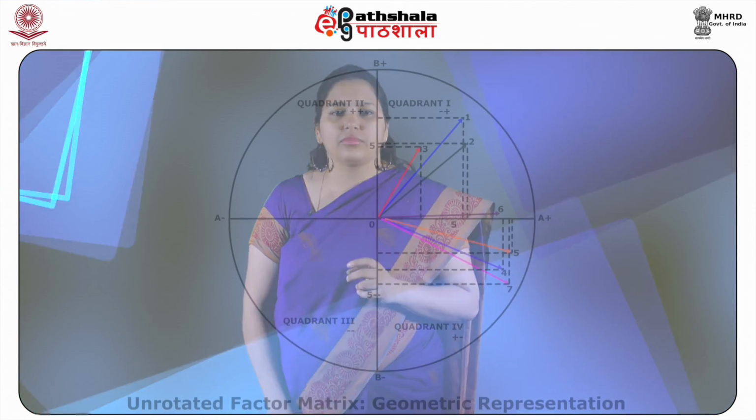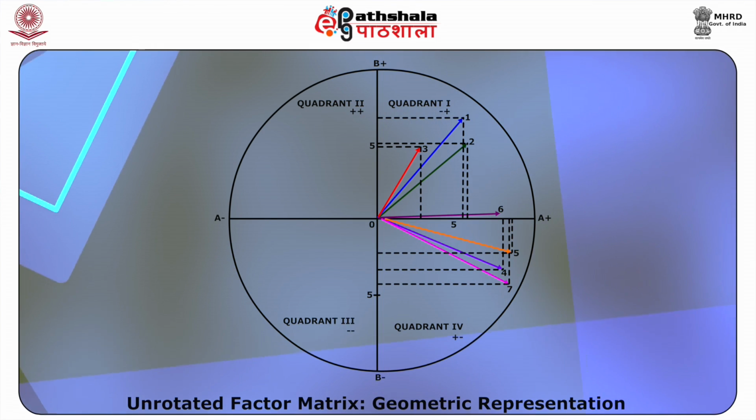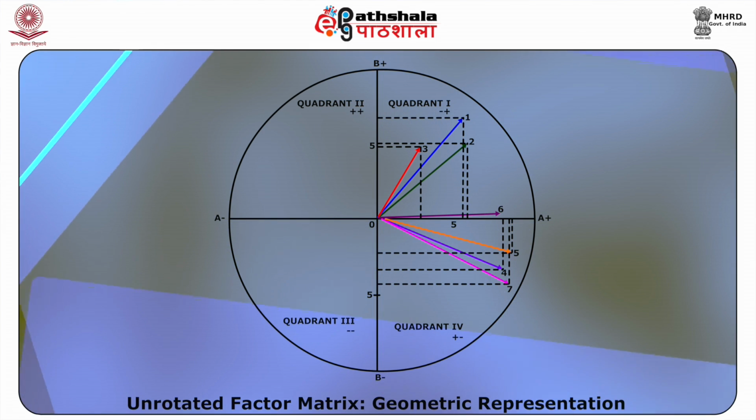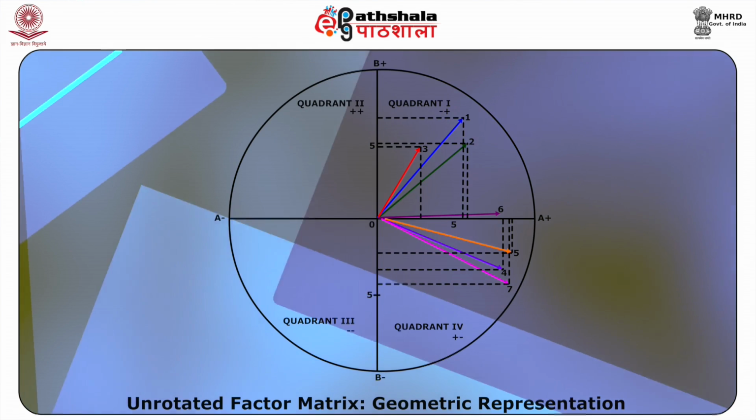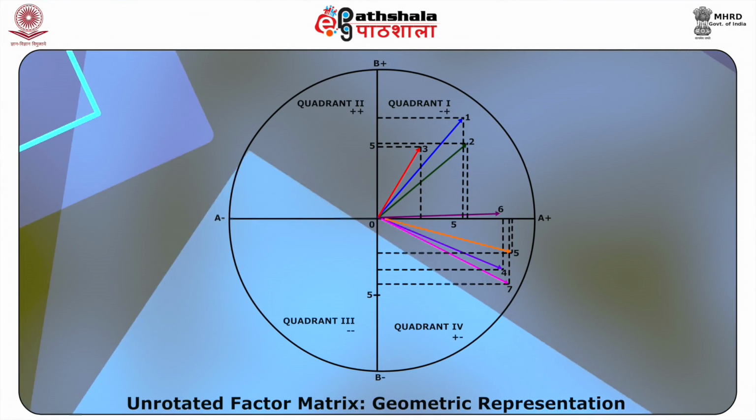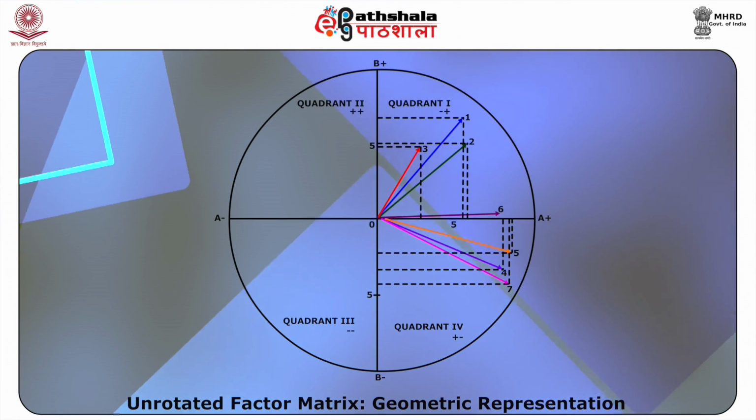Variables 4, 5 and 7 fall in the fourth quadrant of the circle, which is displayed in the figure. When the factors were rotated following orthogonal rotation, all the vectors turned out to be positive and they all fall in the first quadrant of the circle as displayed.